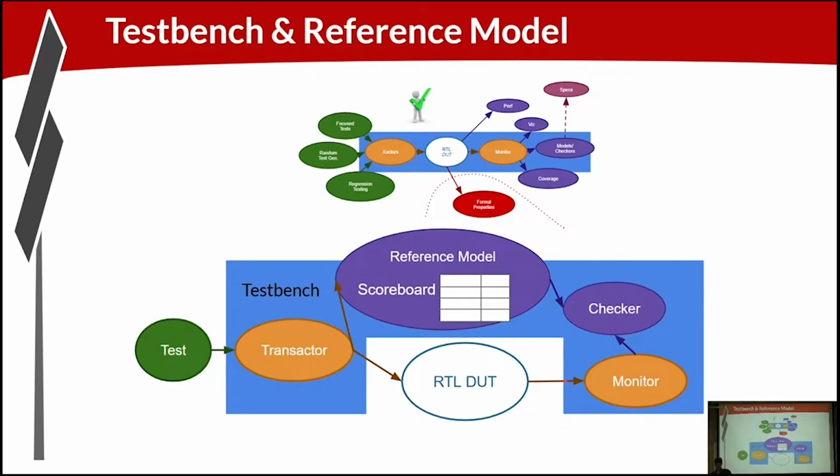It's going to come out sometime later. When it comes out, we'll check everything off. So it's very common to use what would be referred to as a scoreboard to hold on to that in the case of a CPU instruction. The scoreboard is watching things go in and then checking them when they come out. So you store away everything that came in, all the characterization of what that thing was, and then when you see it pop out, you check it off and remove it from the scoreboard.